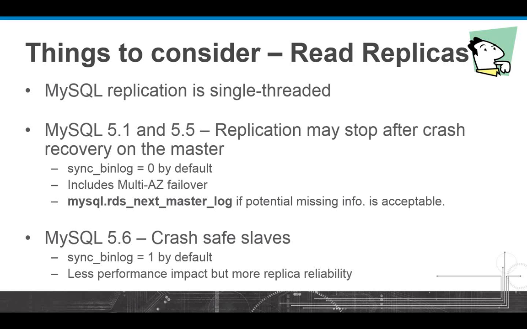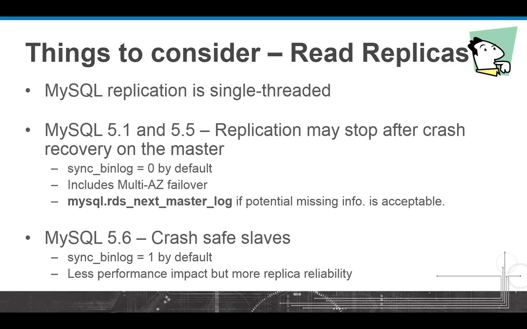So a failover entails crash recovery of the secondary instance. And because of the way binary log works in MySQL 5.1 and 5.5, there is a strong likelihood that your replication could stop.